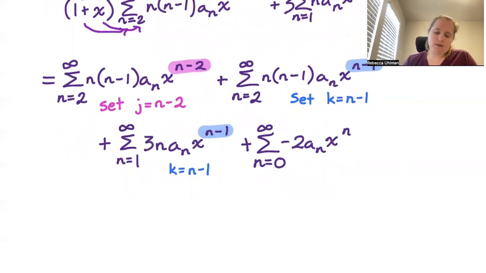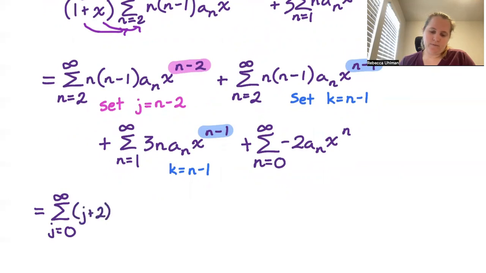So this is now equal to the sum from j equals 0 to infinity of j plus 2 times j plus 1 times a sub j plus 2 times x to the j for our first term.